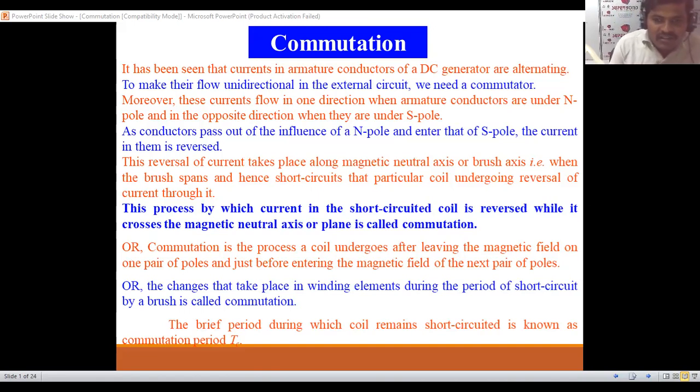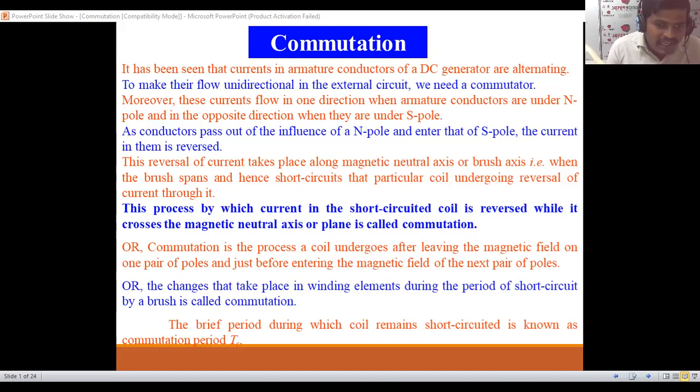We have seen that the EMF generated in a DC generator is in the form of an alternating quantity, or AC. We drew the waveform; it is in the form of an alternating quantity. At 90 degrees, the flux cutting will be maximum, so the generated EMF will be maximum.